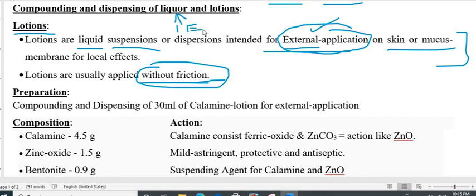However, the lotion is specifically a pharmacy preparation for external application, and before applying over the skin, you have to shake the preparation, then apply over the affected part.